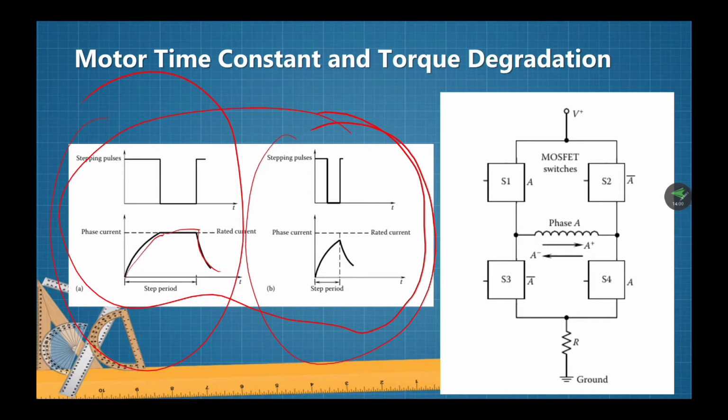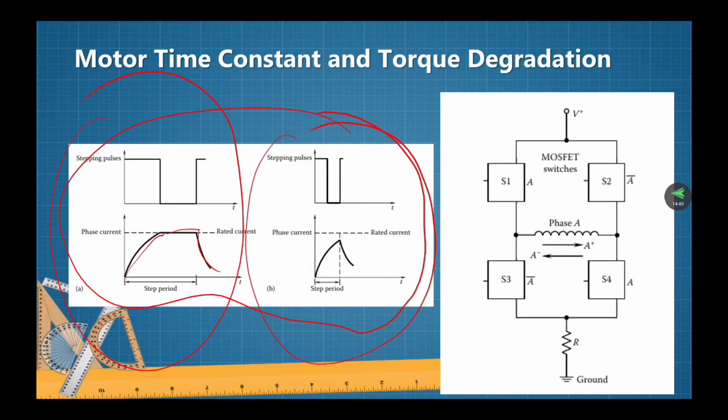One way to increase the current level reached by the phase winding would be to simply increase the supply voltage as the stepping rate increases. Another approach would be to use a chopper circuit, a switching circuit, to switch on and off at high frequency a supply voltage that is several times higher than the rated voltage of the phase winding.